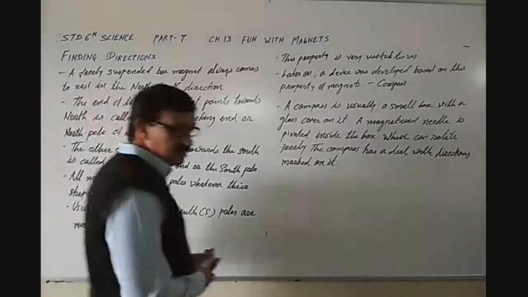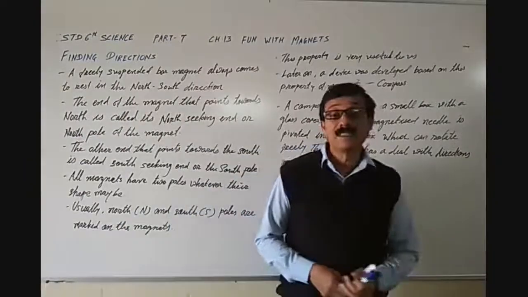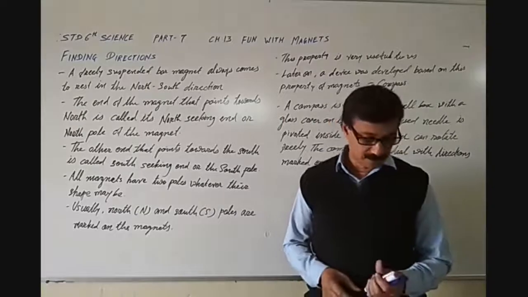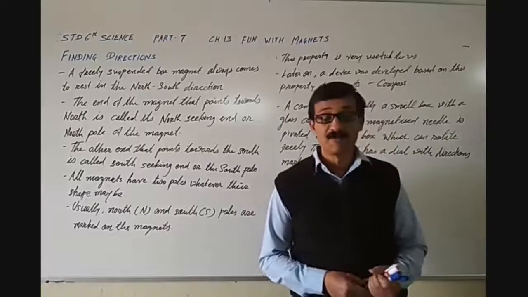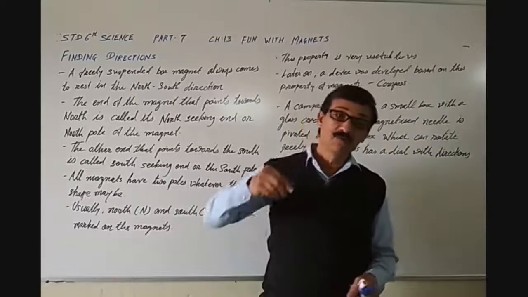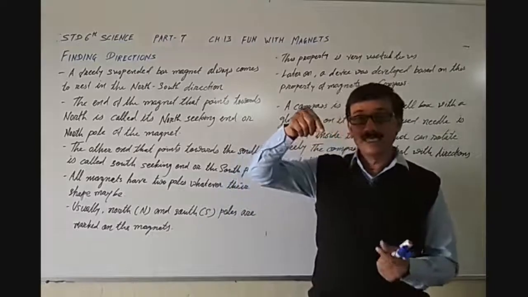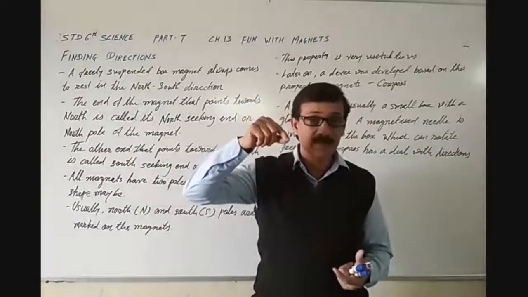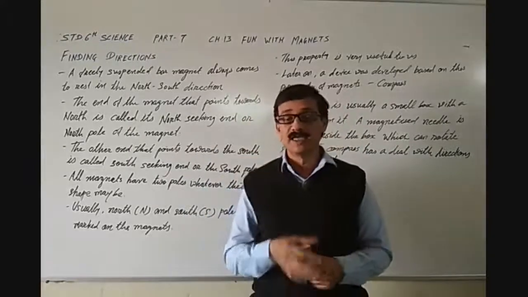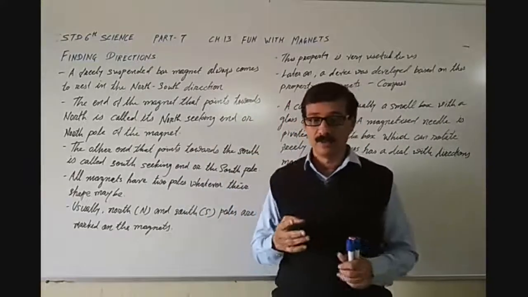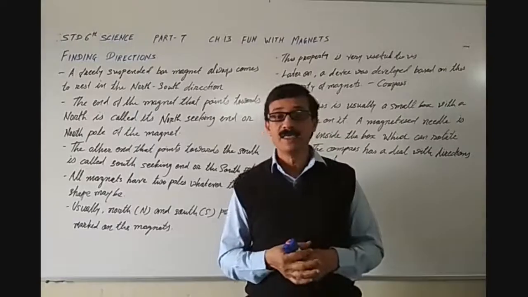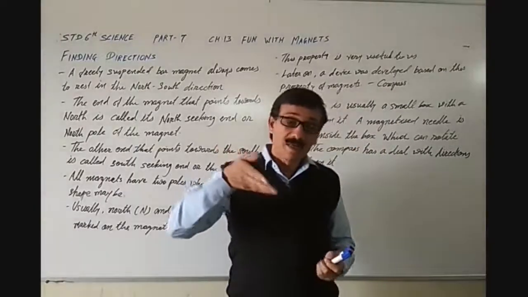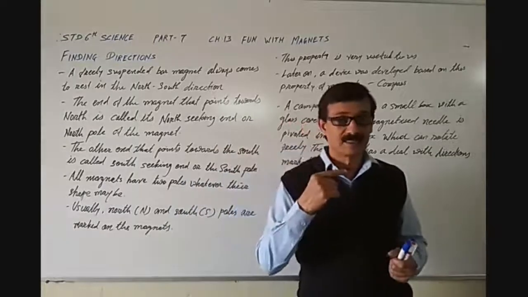Hello students, this is the 7th part of the 13th chapter, Fun with Magnets, of Standard 6th Science. In the last part we did an activity in which we made the magnet suspended freely, and we came to know that each and every time the magnet was resting in the same direction.